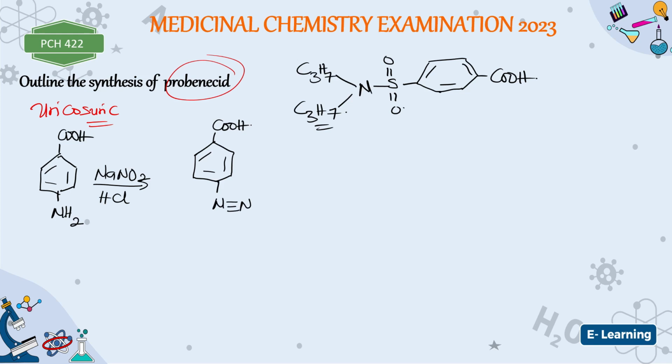Now after getting the diazonium, the next thing is you react this with SO2Cl. Somehow I really don't understand the mechanism of this particular one, but somehow the diazonium was replaced by this SO2Cl. So you now have something like this.